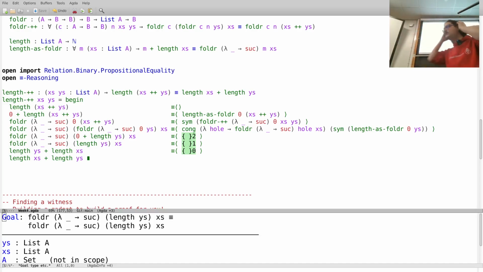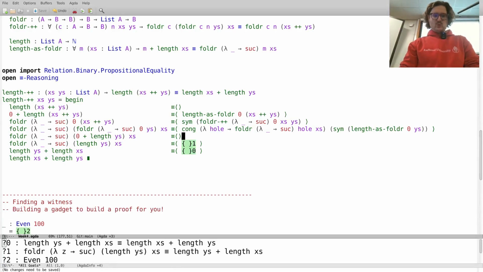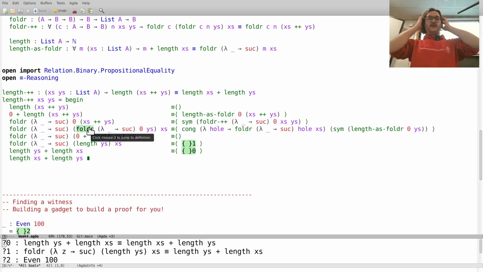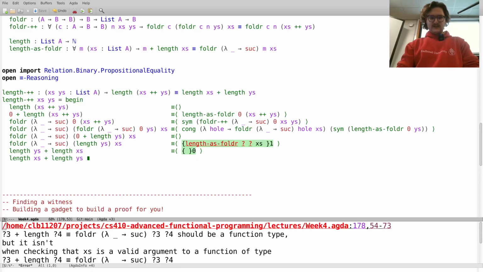Now this is another step where we're going from 0 plus something to that thing, so it's a free step. We can turn it into one of these coercions. And then we have another instance of that function, length as folder, again with these things and x's.